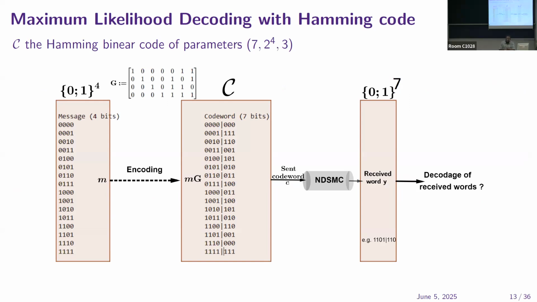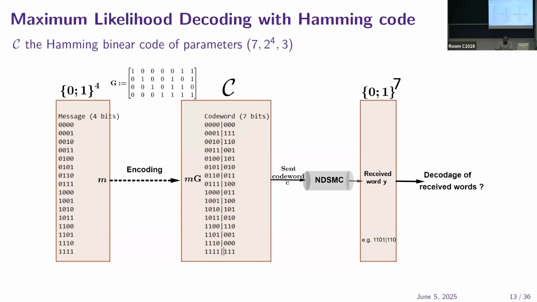First, we have the 16 messages. The length of each message is 4, each message has 4 bits. We encode each message, and we have code words. We send each code word into the channel and we receive a word.